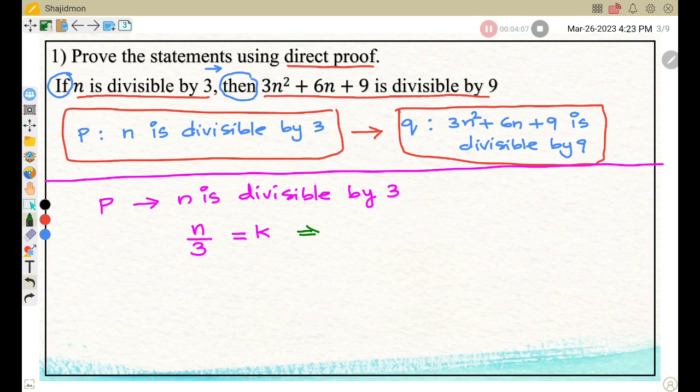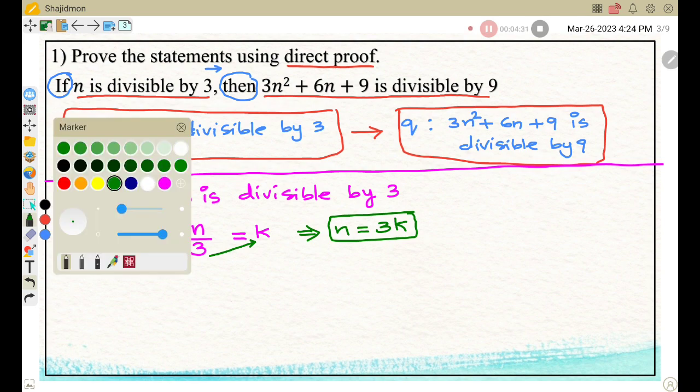That means what will n be from here? Cross multiplying the 3 to the other side, n equals 3 multiplied by k, correct? I hope you understood this. Assume that n equals 3k, that means n is divisible by 3. N is divisible by 3 means n by 3 equals k, so n equals 3k, correct?